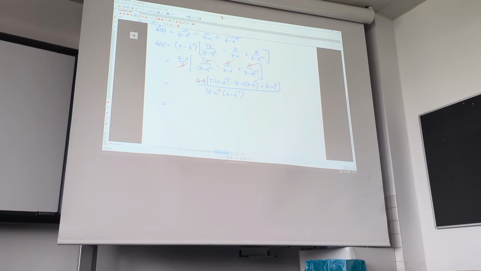So now we can multiply out the denominator. Then we have a second order polynomial. Z times Z is Z squared. And then we have minus Z times 1, minus 1 times Z is minus Z. So we have added ones.